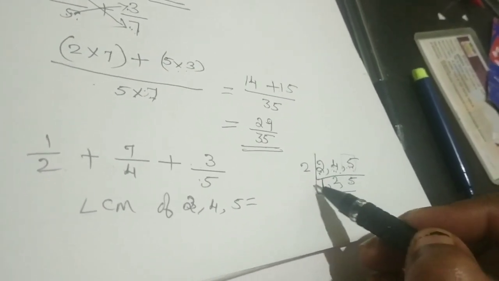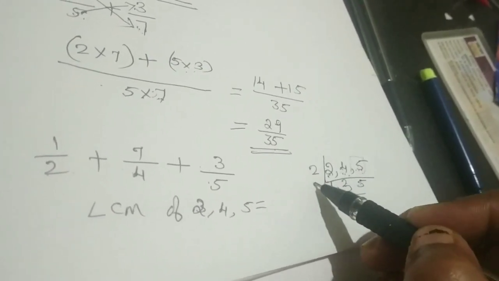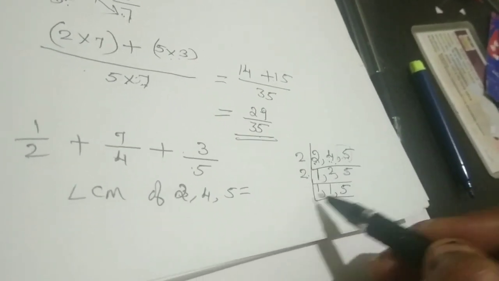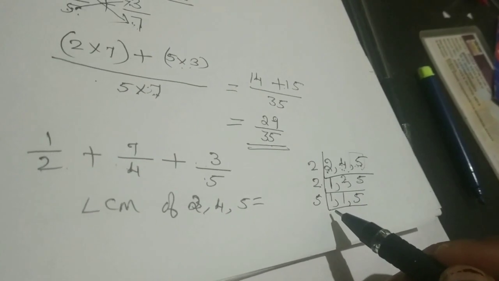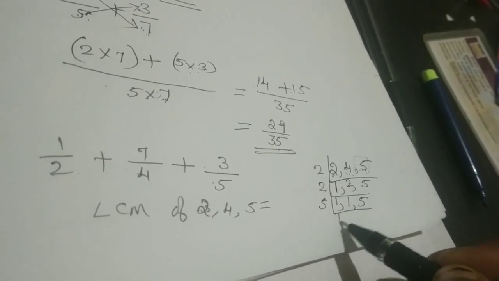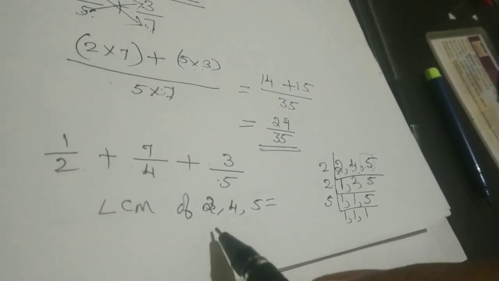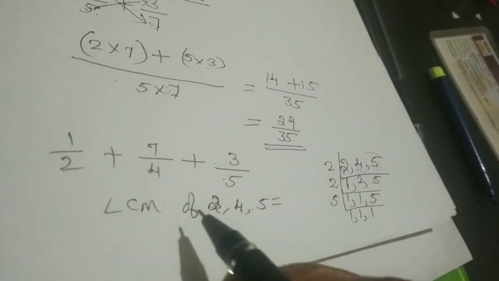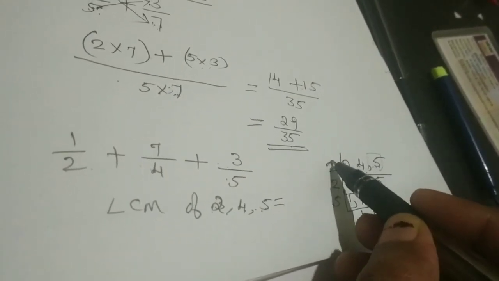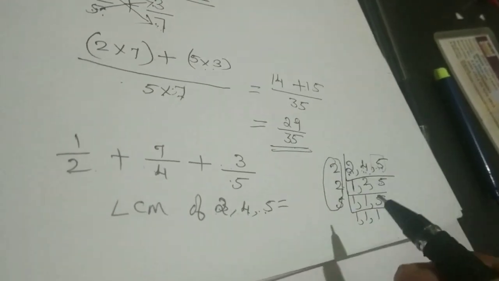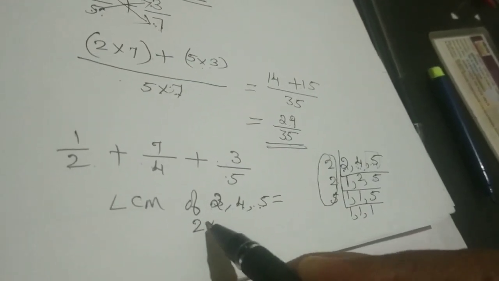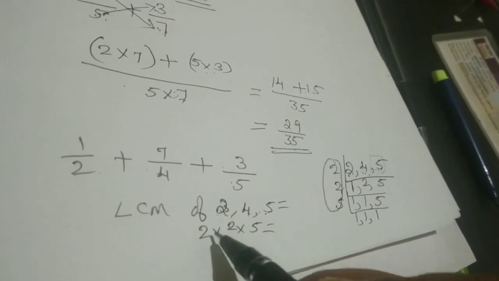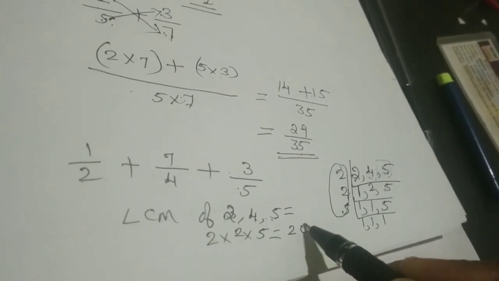Next, we can divide by 2 again, so 1, 1, 5. The last number is 5 itself, so we get 1, 1 and 1. So the LCM of 2, 4 and 5 is the product of these numbers: 2 times 2 times 5, that is 20.